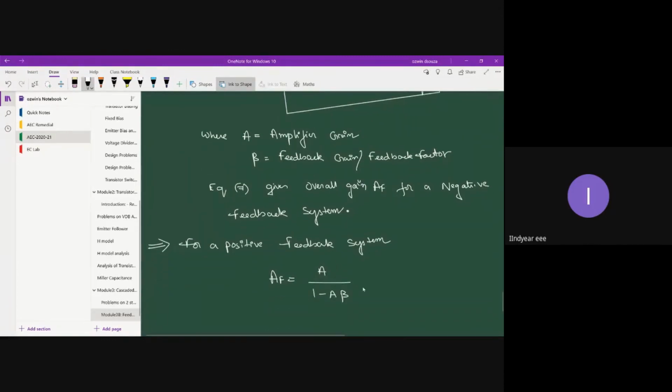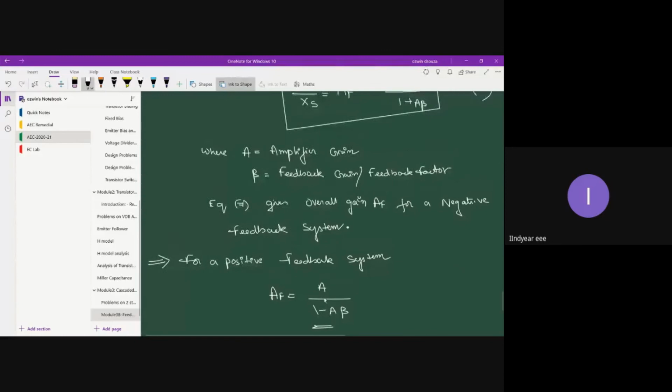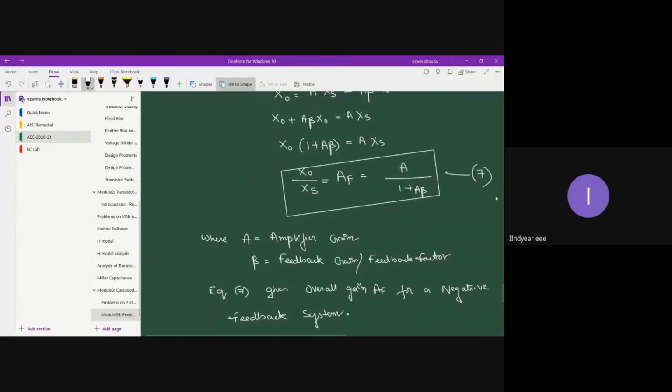So this is the difference between positive feedback and negative feedback. For positive feedback, you will have a negative sign in the denominator, and for negative feedback, you will have a positive sign. So let me write plus or minus here: plus for negative feedback, and minus sign is for positive feedback.